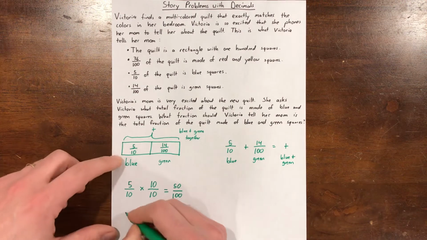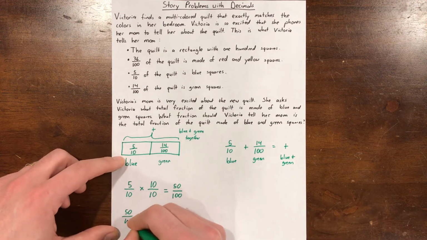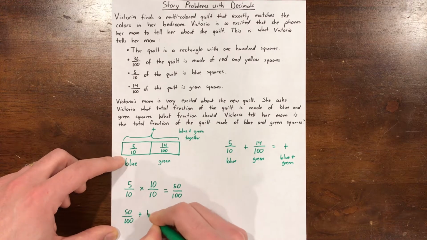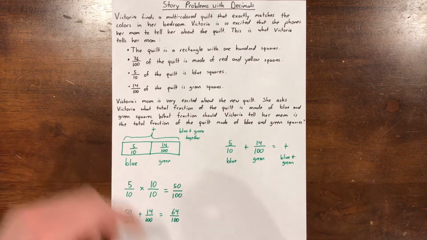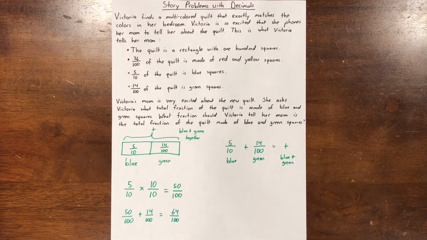Right, I can take 50/100, I can add 14/100, and I get 64/100, 64 out of 100. And how would I write that as a decimal? And why? Say it out loud.